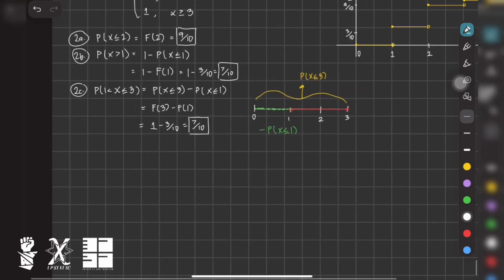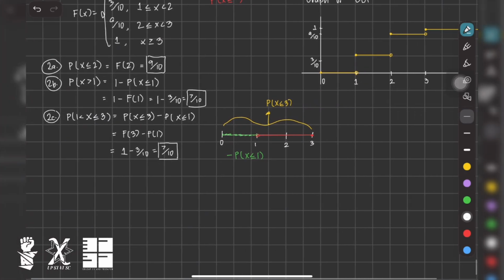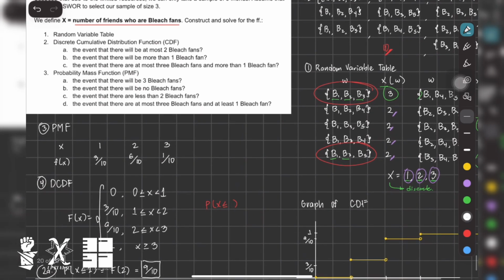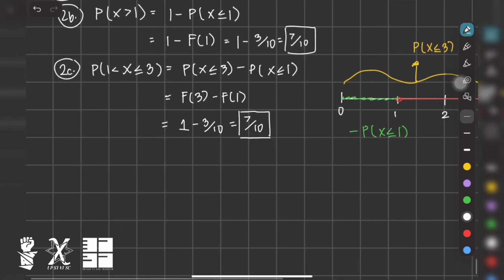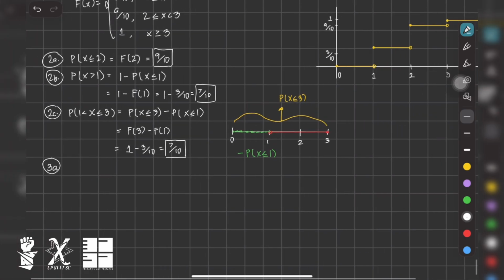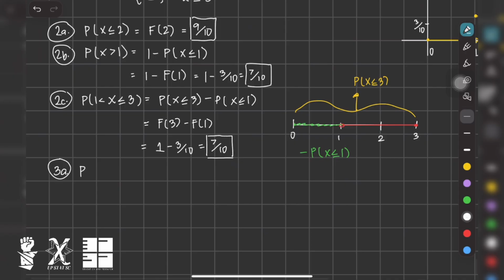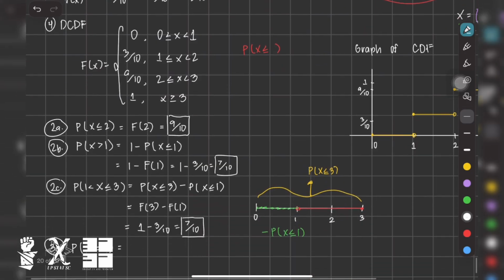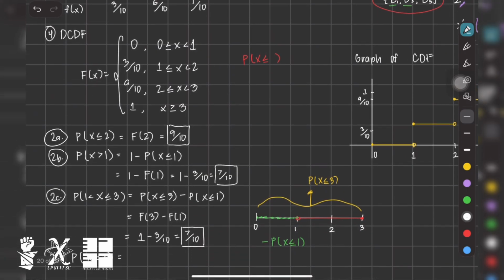Now, for your probability mass function questions, let's start. First we have for 3A, the event that there will be 3 bleach fans. Note that down. That's basically the probability that your random variable will be equal to 3. How do we get this? When we're dealing with the probability mass function, we just plug in the value of your mass point.